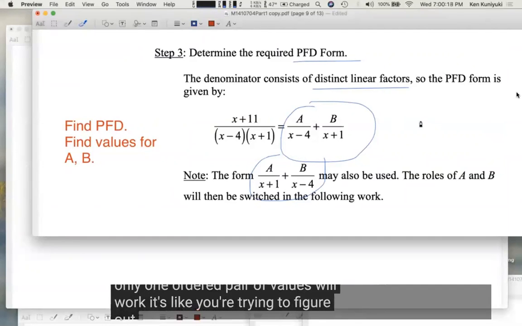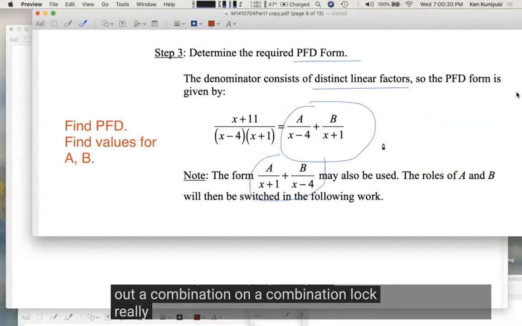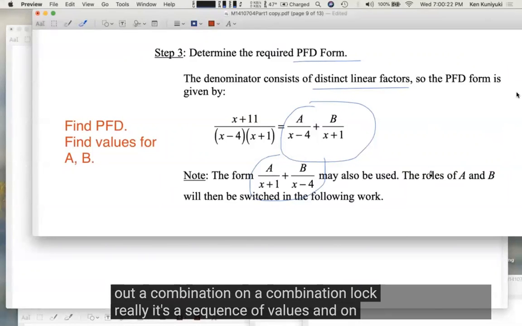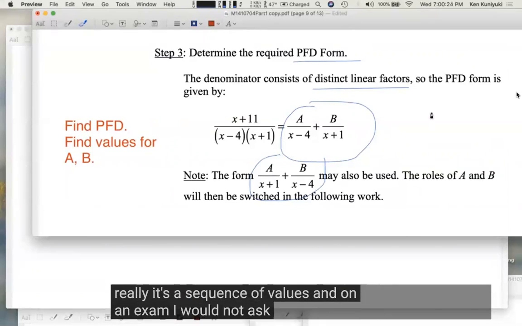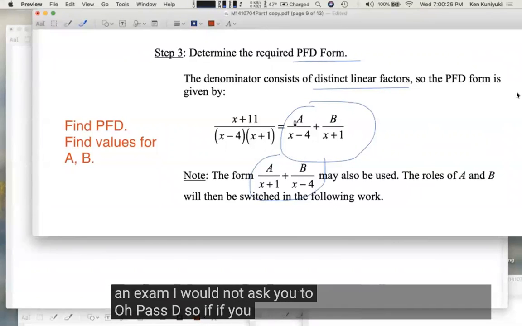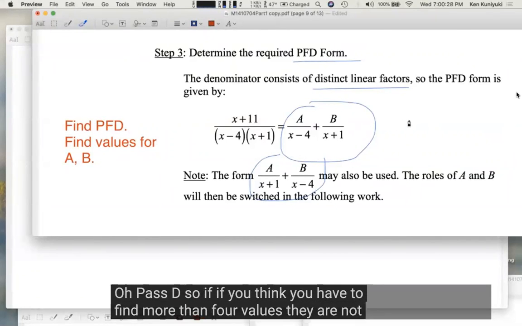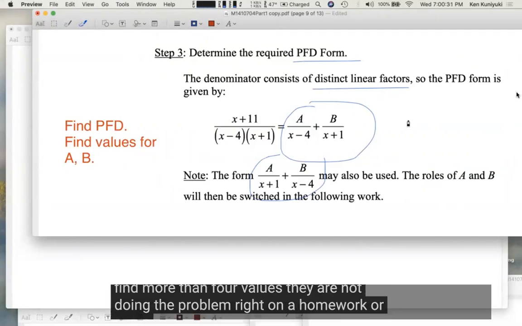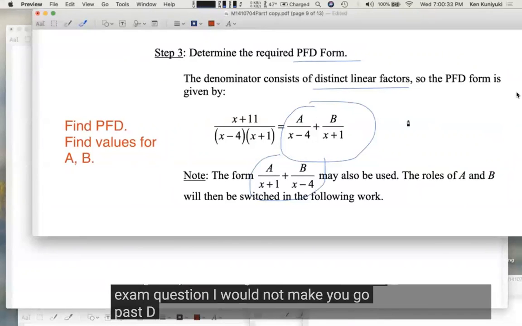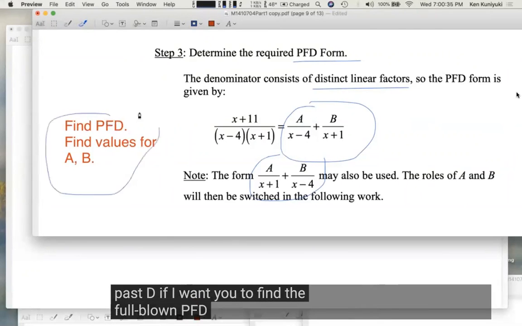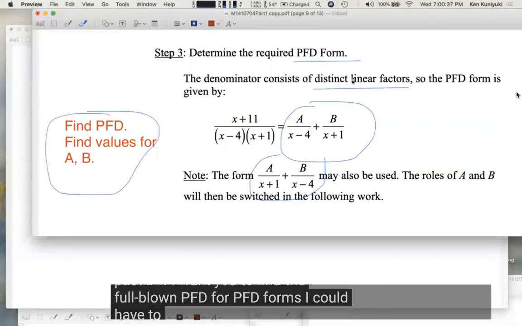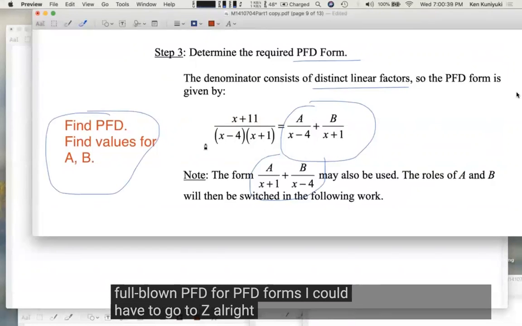It's like you're trying to figure out a combination on a combination lock. Really, it's a sequence of values. And on an exam, I would not ask you to go past D. So if you think you have to find more than 4 values, then you're not doing the problem right. On a homework or exam question, I would not make you go past D if I want you to find the full-blown PFD. For PFD forms, I could have you go to Z. All right.